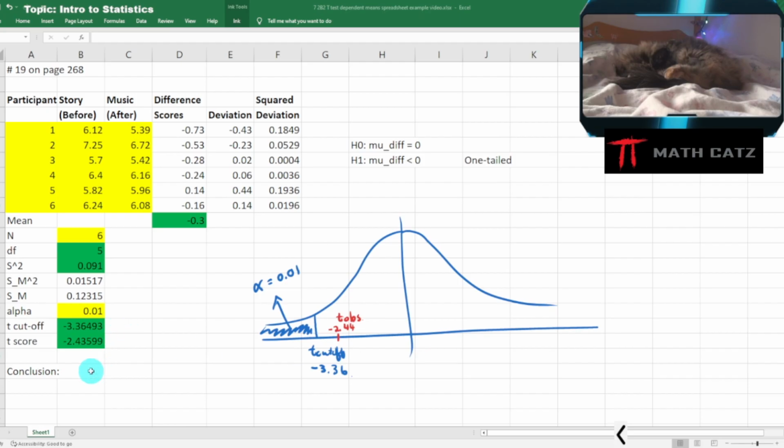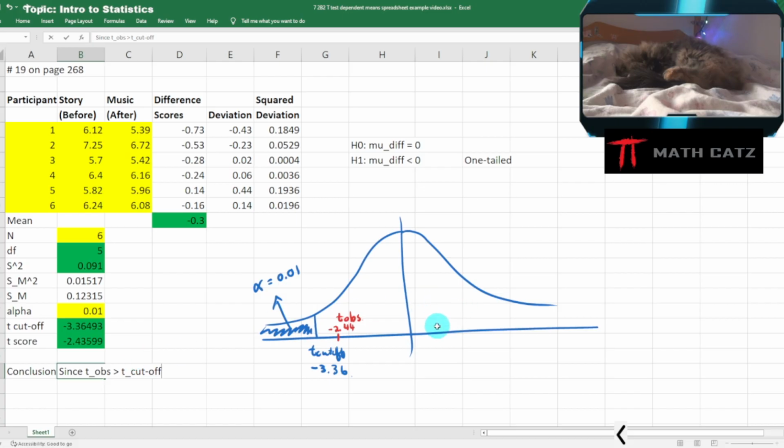Unfortunately, t observed is greater than our t cutoff. We wanted it to be more extreme.